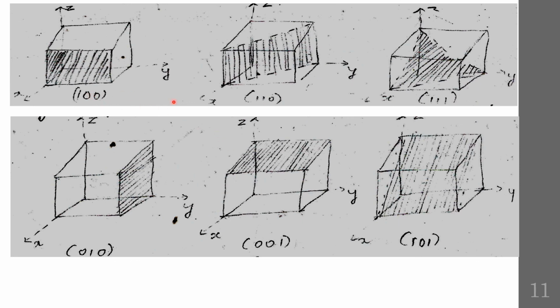These are the common crystal planes shown: 1, 0, 0; 1, 1, 0; and 1, 1, 1 plane. There are other planes such as 0, 1, 0; 0, 0, 1; 1, 0, 1.